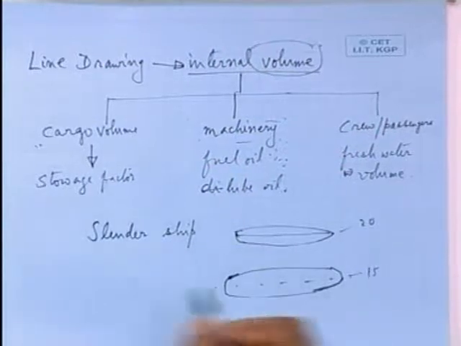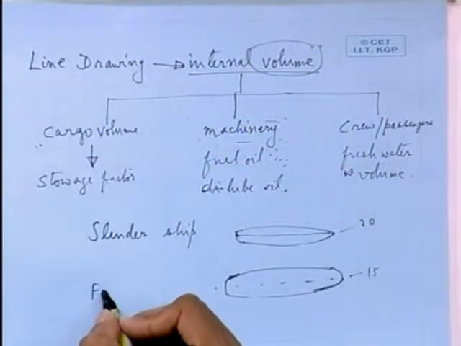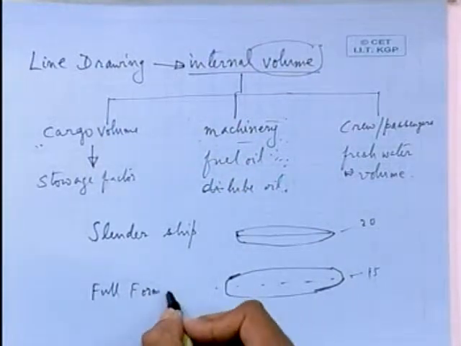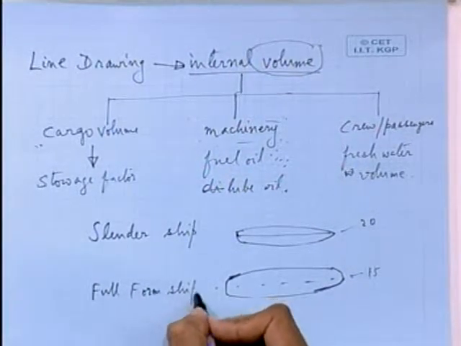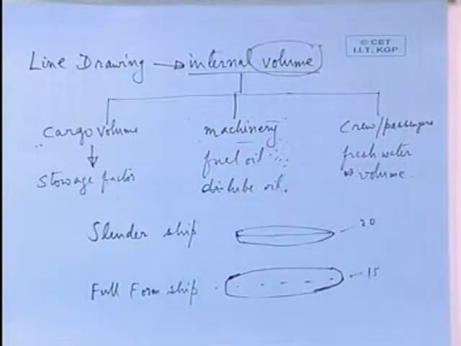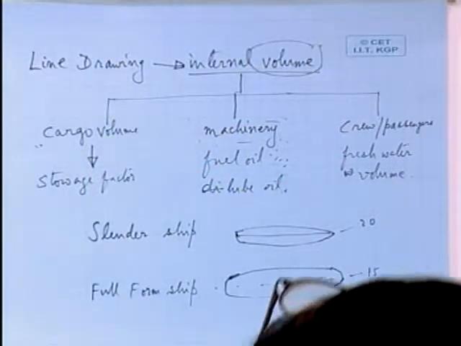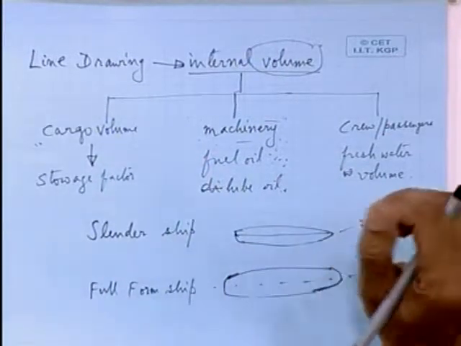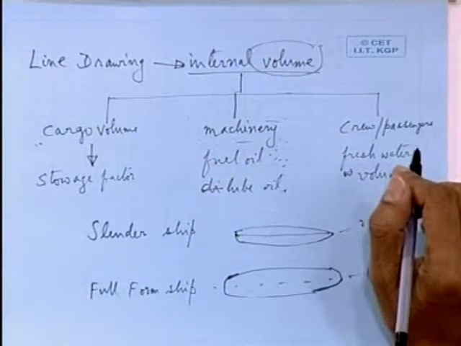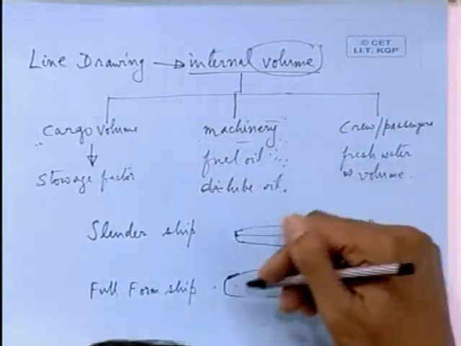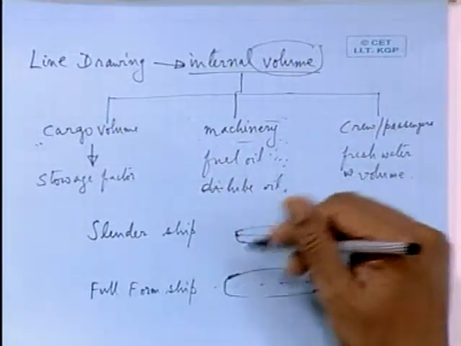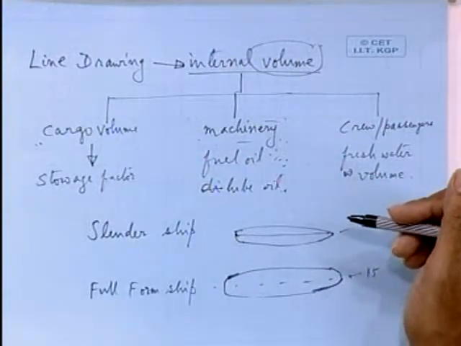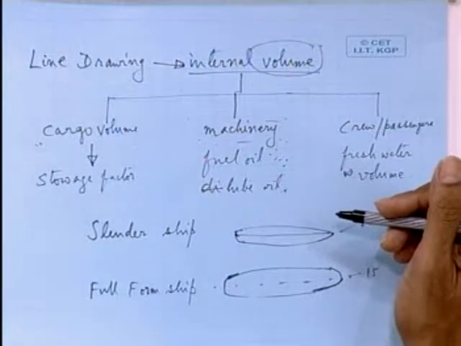Now, what we find is that you have to make certain compromises in the design itself. You cannot just go on increasing the volume. Normally your crew and passengers will be very happy if they have more and more space, isn't it? But you will find if you make the ship much more voluminous and much bulkier, then it will consume more and more power because of the resistance.